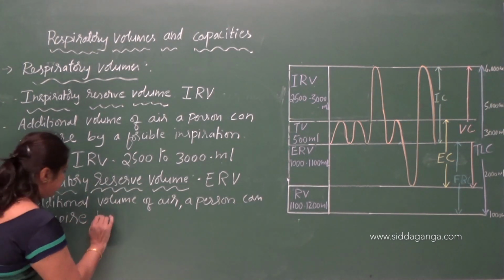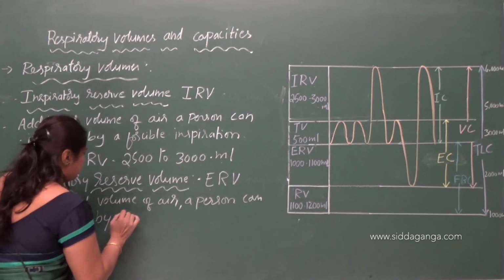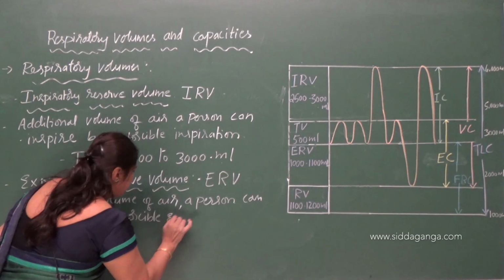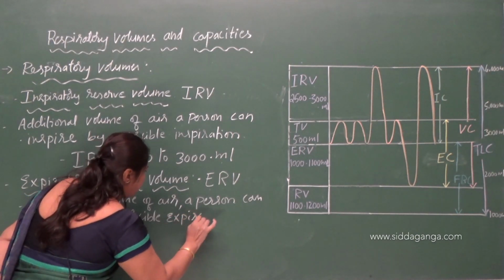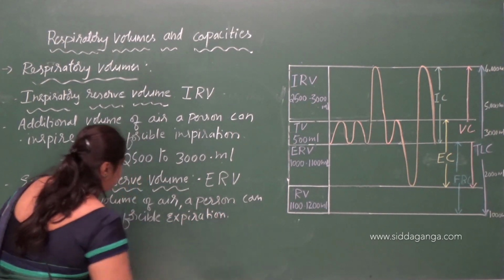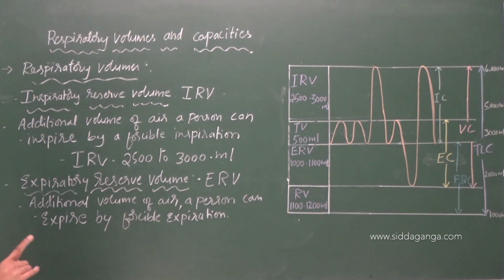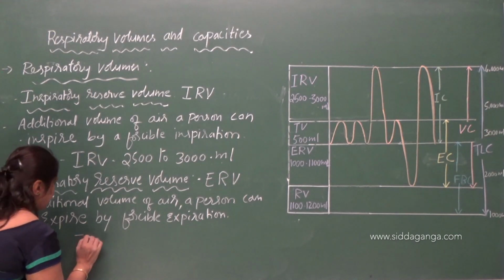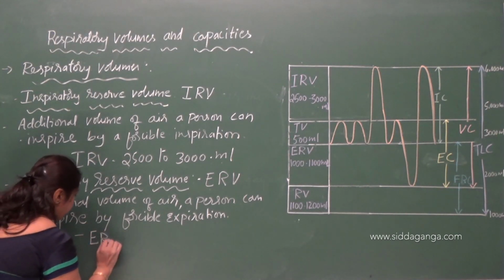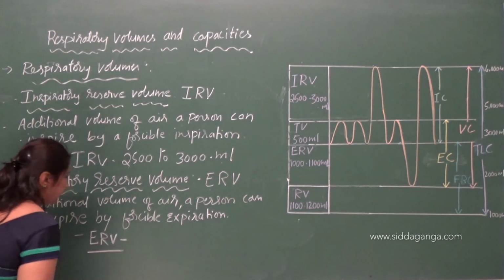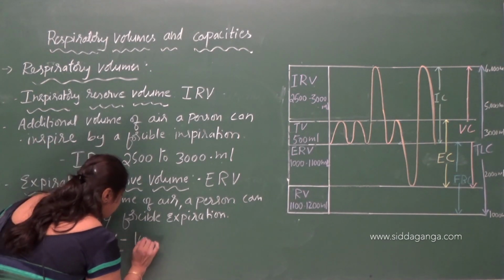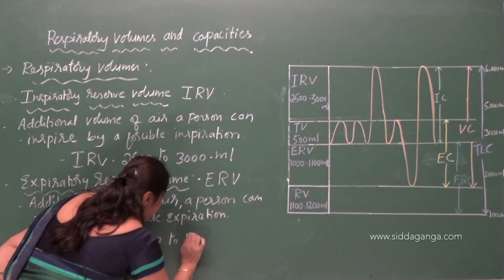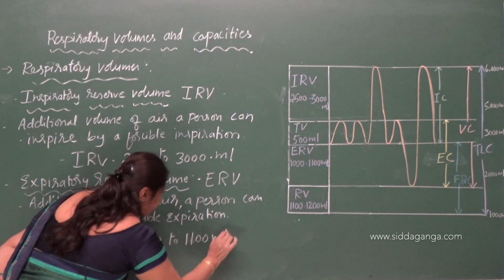by forcible expiration. So this is called what? Expiratory reserve volume, represented by ERV, and its value is 1000 to 1100 ml.